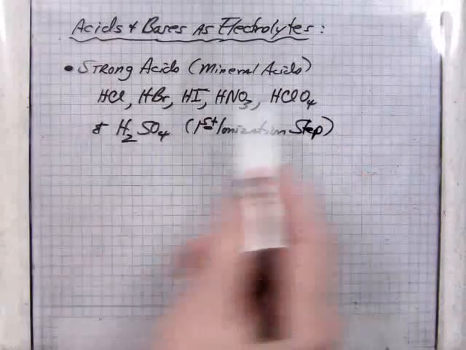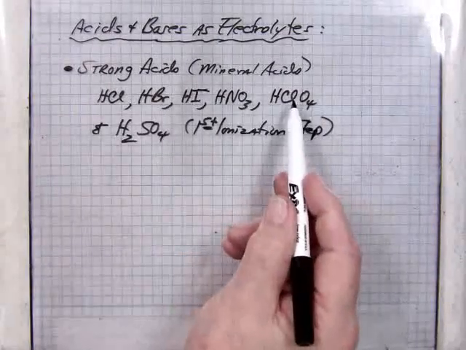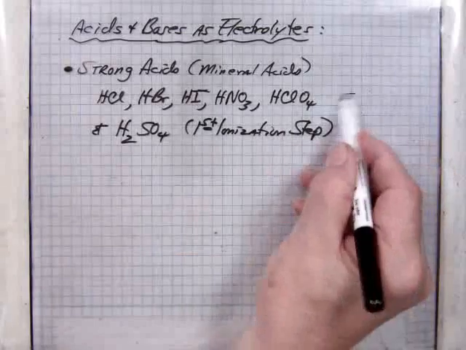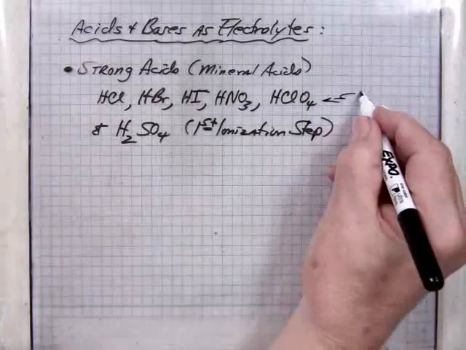The first row, as I've noted here, are what we refer to as monoprotic acids.